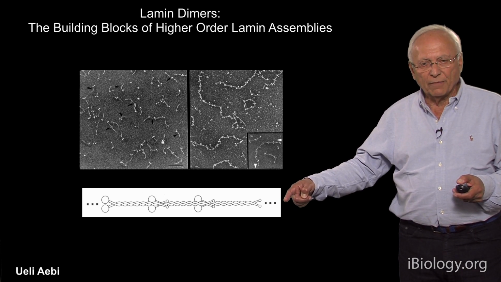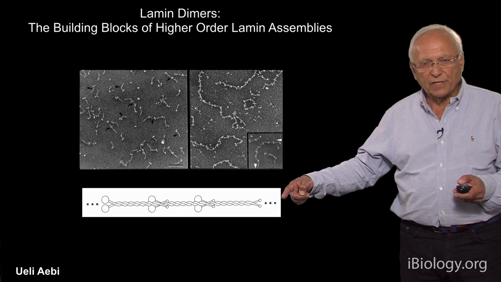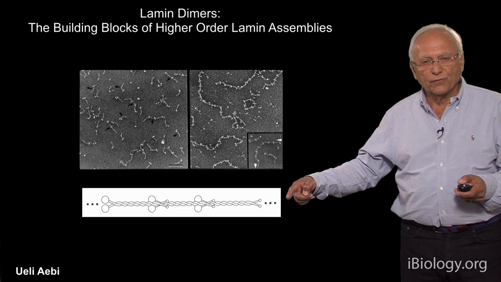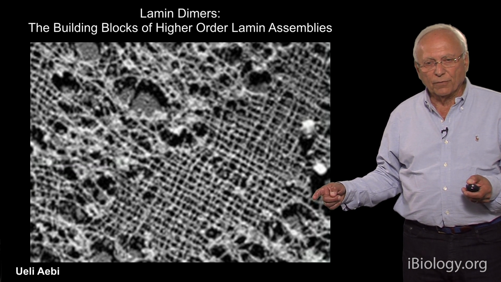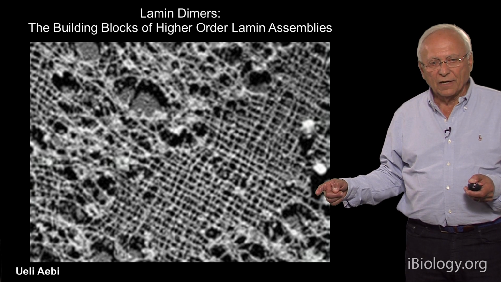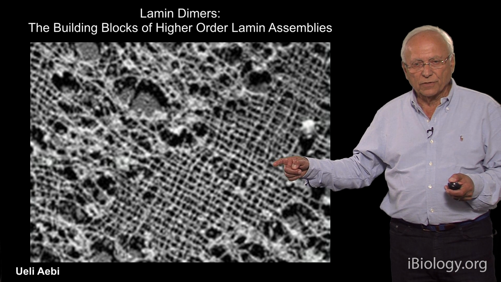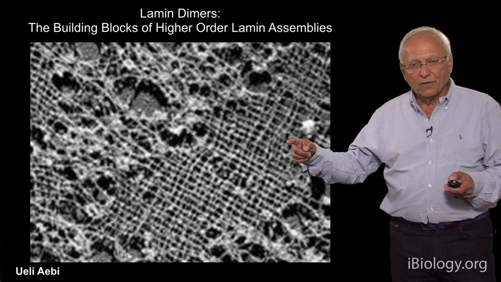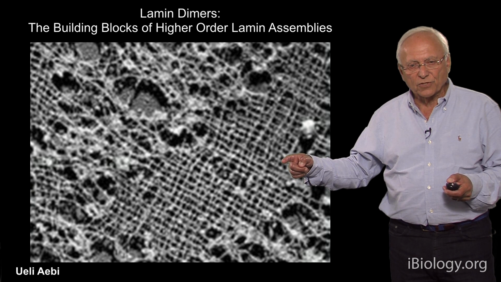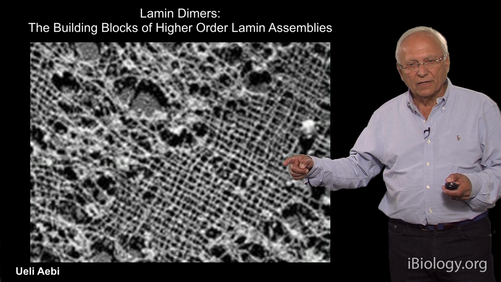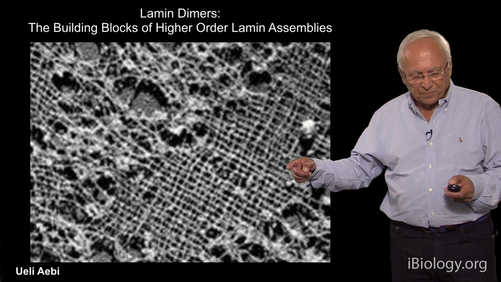Here we form dimer-dimer interactions into long chains called protofilaments, which then aggregate laterally to form higher order structures, ultimately resulting in the formation of these beautiful structures originally described in Xenopus oocyte nuclei by Ueli Aebi, where you see almost a lattice work, almost a square lattice work of lamin filaments.